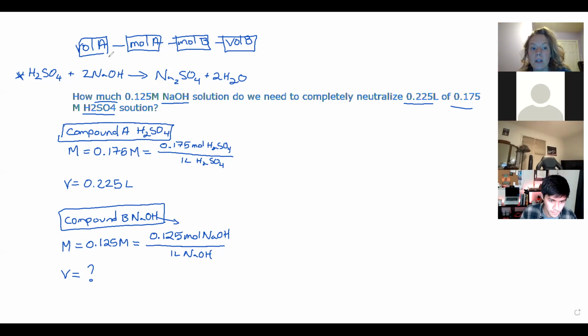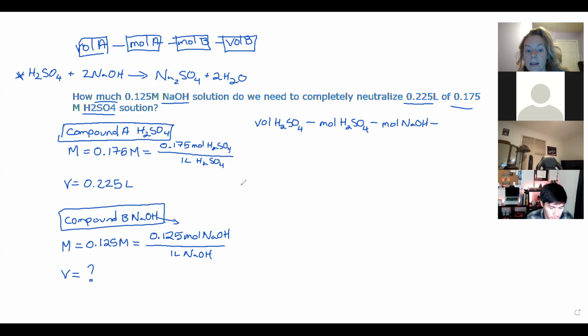The next thing I'm going to do is make a flow chart that's customized for our specific problem. So volume A is going to be H2SO4. I want to go from volume of H2SO4 into moles of H2SO4. Now from moles of A, I can go into moles of B, which is NaOH.